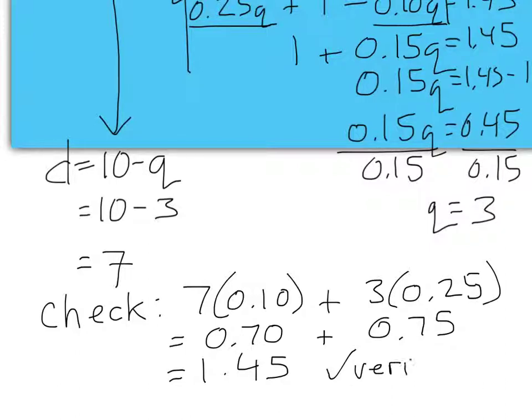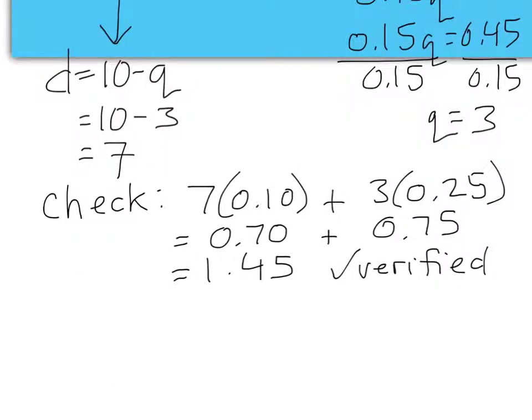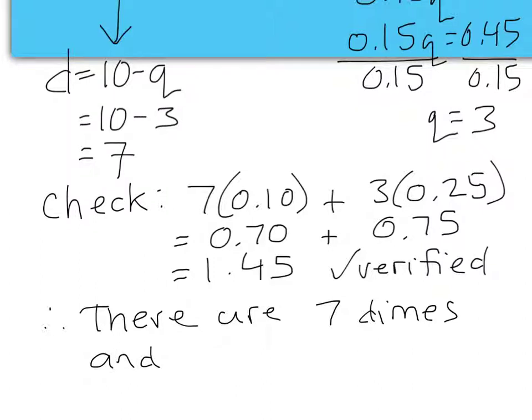So it's verified. We are correct. Last step. Therefore, there are 7 dimes and 3 quarters. And you're done.